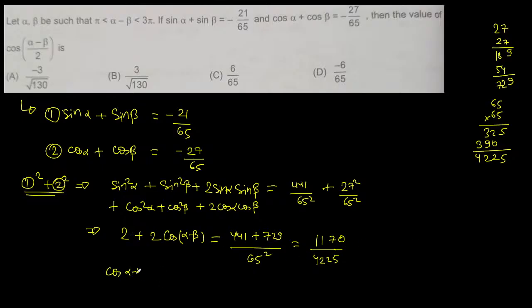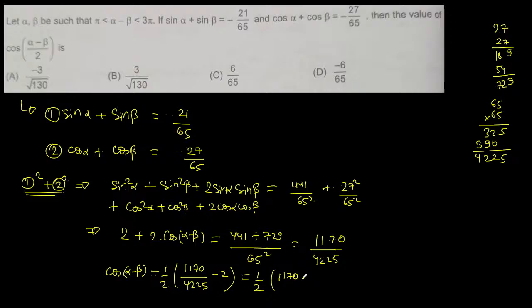So cos alpha minus beta is 1 by 2 times 1170 over 4225 minus 2.